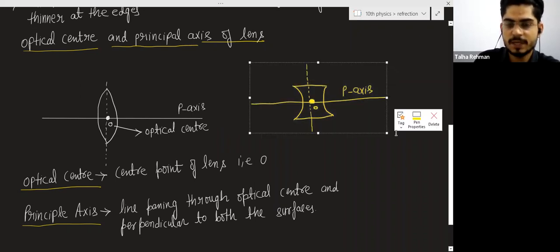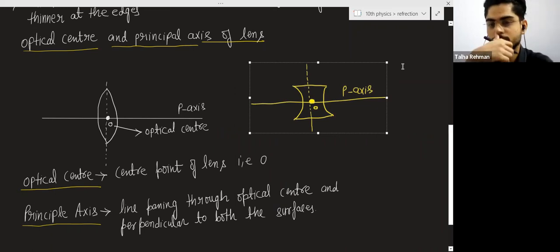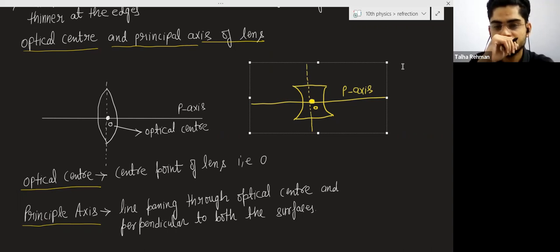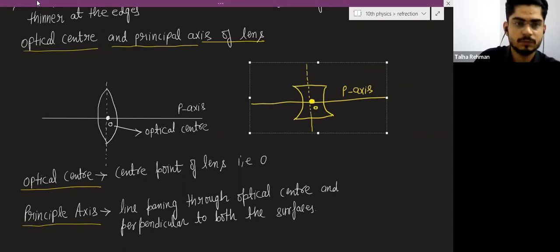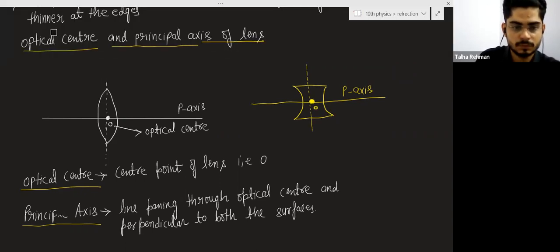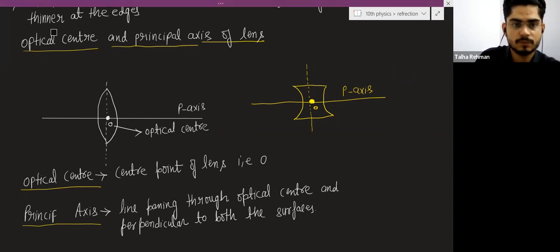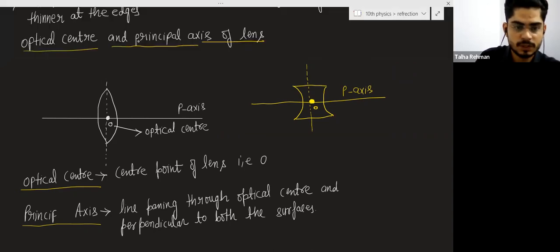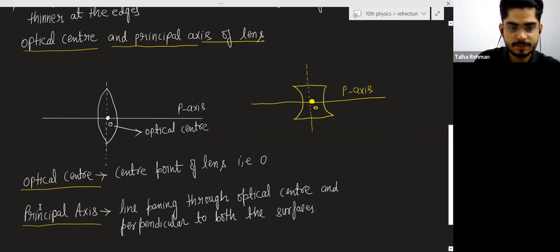So for concave lens, you can write this. Change the spelling here, change the spelling of principal.